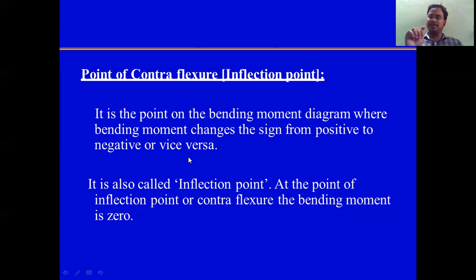So the point at which the bending moment changes its direction, either from positive to negative or negative to positive, is called the point of contraflexure or inflection point. At the point of contraflexure, the bending moment is zero. That is what I said. It is zero at the point.